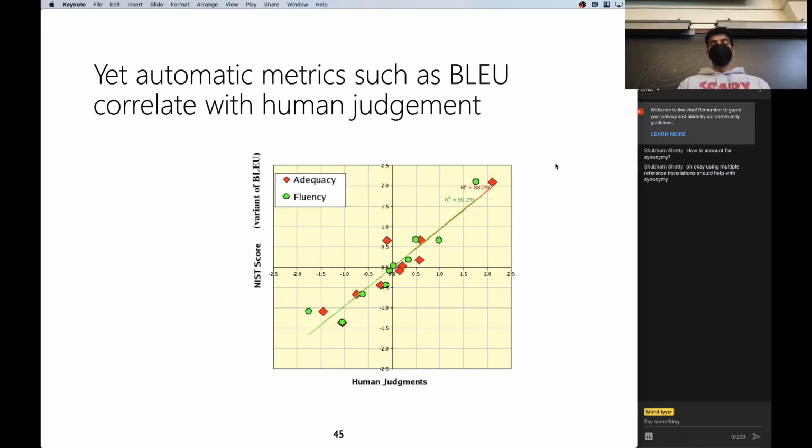And you see that there's a correlation between the human judgment score and the automatic metric score. As long as there's some correlation, it means that the metric is probably useful for developing models and judging which model is better than another. And the BLEU score has been and is still widely used in translation literature. Even now in 2021, if you write a paper on machine translation and you don't report the BLEU score, it's probably not going to be accepted because people expect this score to be in it. So that's the reason.